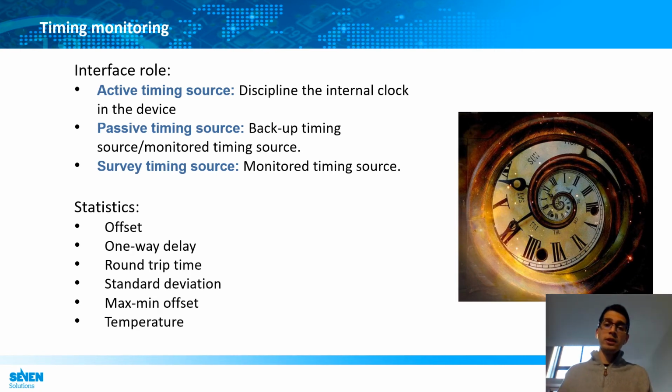And lastly, we have the survey timing source, which is a timing source that we don't want as a reference in our devices in any case, but we still want to keep track of the timing that we are receiving through that interface. And thanks to that, we are able to retrieve different statistics, like for example, the offset, the time error in the synchronization, the delays in the link, the standard deviation, the maximum and minimum offset, and even correlate that information with the temperature that we are measuring.